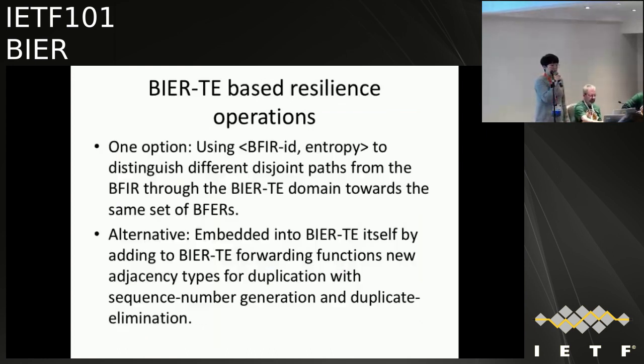Next, please. I think this is partly discussed in Toerless's slides, but that's one option. Another option could be to use BIRT itself to assign a new adjacency type to achieve the resilient operation. Yes, please.